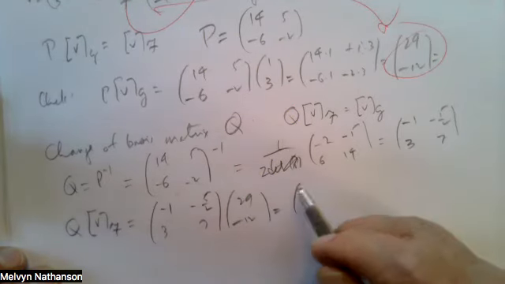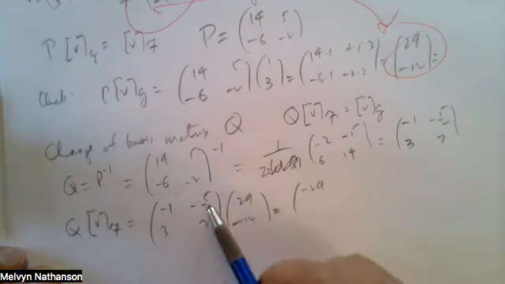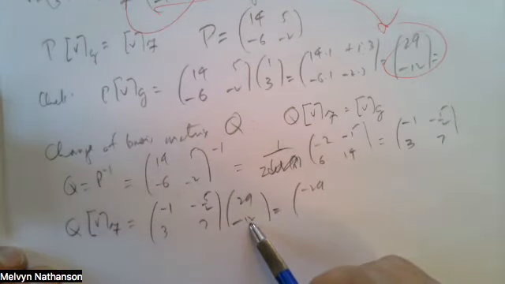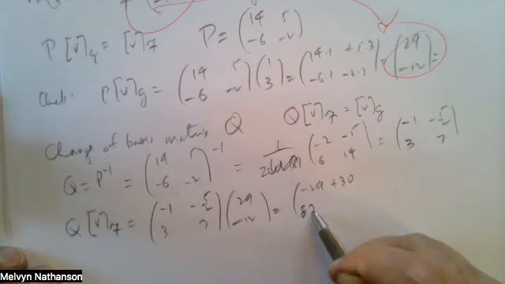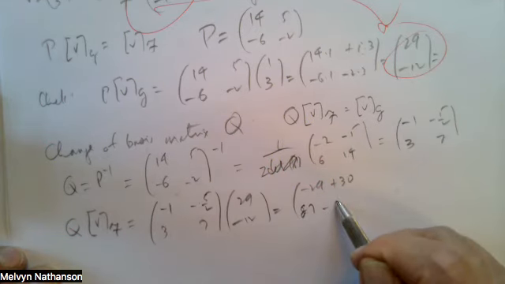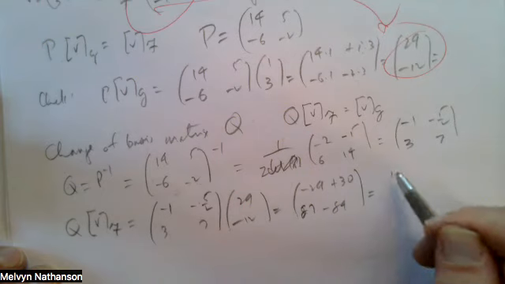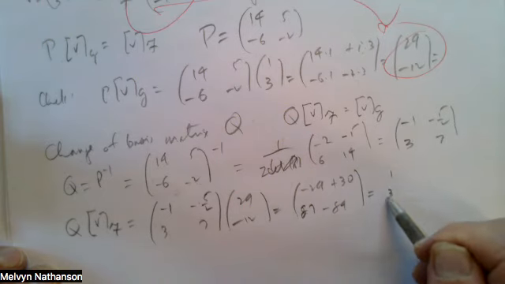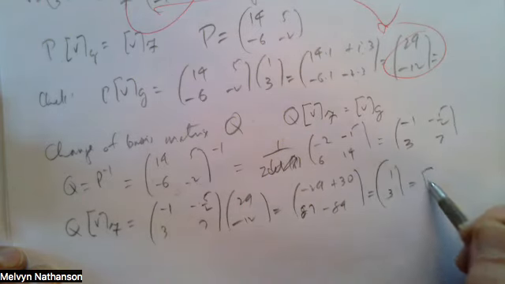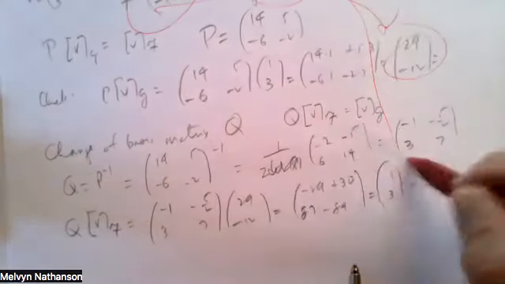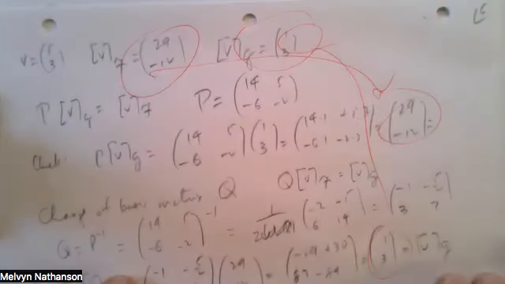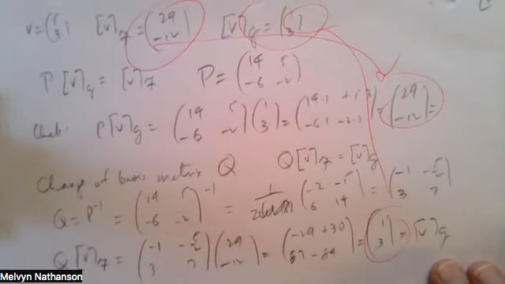So when you multiply this, you get minus 29, minus times minus is plus, 5 halves of 12 is 30. 3 times 29, which is 87, minus 84. This is 1, 3. And by a miracle, 1, 3 is exactly what it's supposed to be.